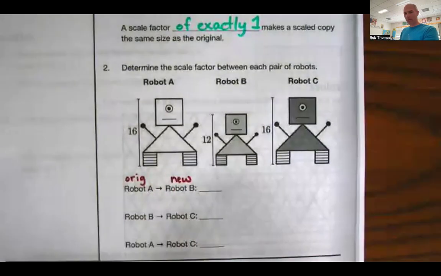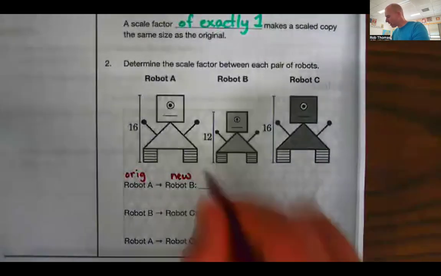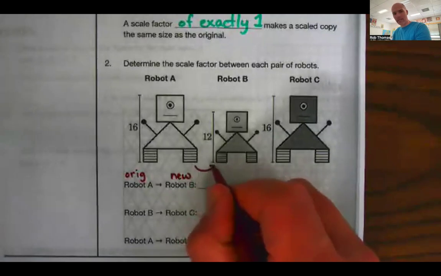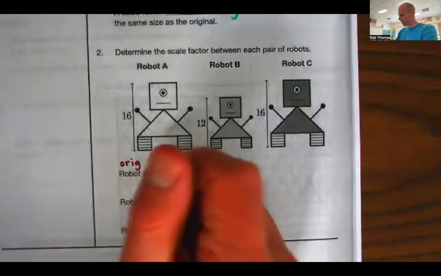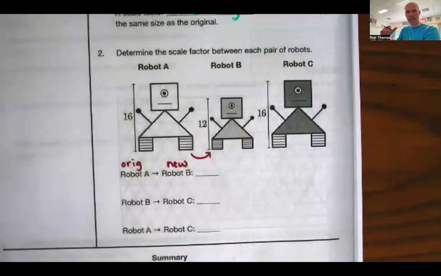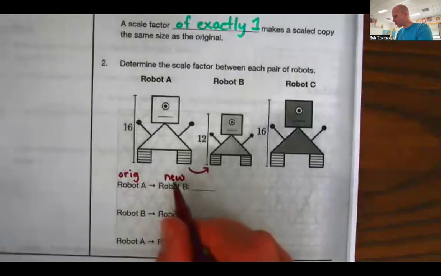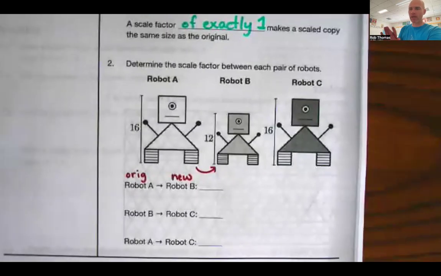And so using this kind of reddish purple color I'm using, then that should be an arrow that looks like this, A to B, to indicate that. And so since A, the original robot, is bigger in this case, and B is smaller, we're going to need, okay, so I wrote new here on robot B. Oh yeah, okay, I don't want to write it on the robots themselves because that'll get confusing.